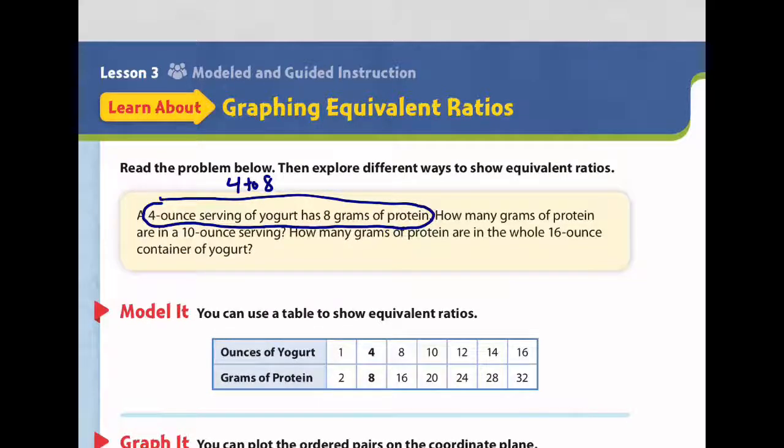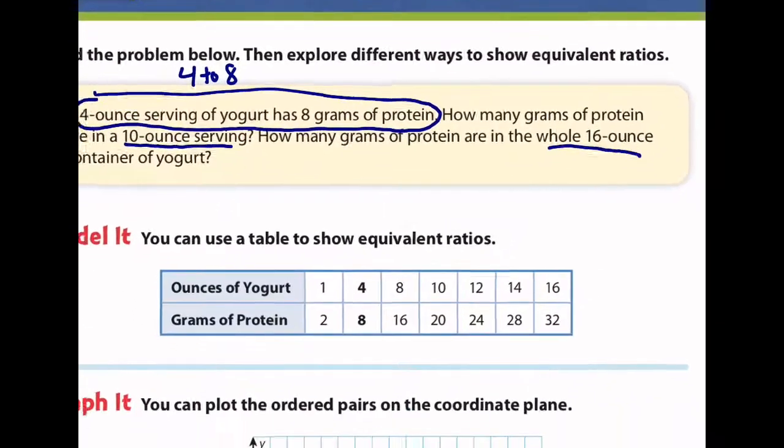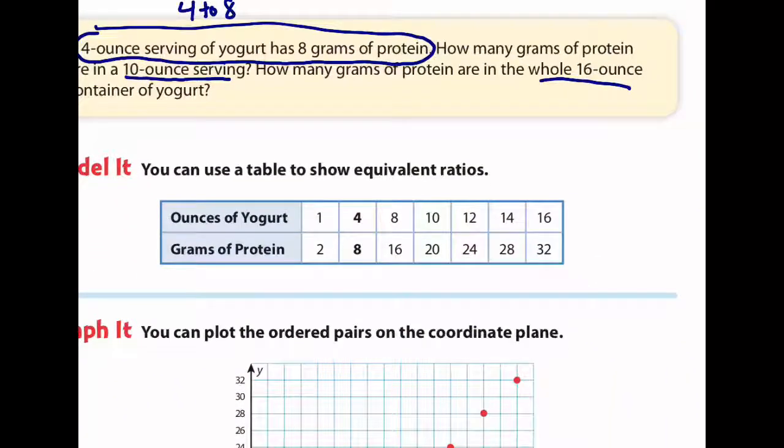Now, when they ask us a question, how many grams of protein are in a 10-ounce serving, and how many grams of protein are in the whole 16-ounce container, we can solve it using a table. So first off, let's take a look at our table. Okay, so there is our original ratio. 4 ounces, 8 grams of protein.